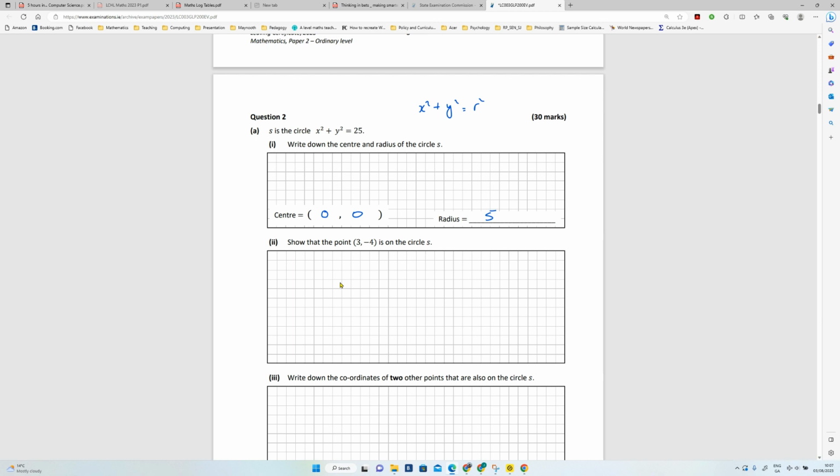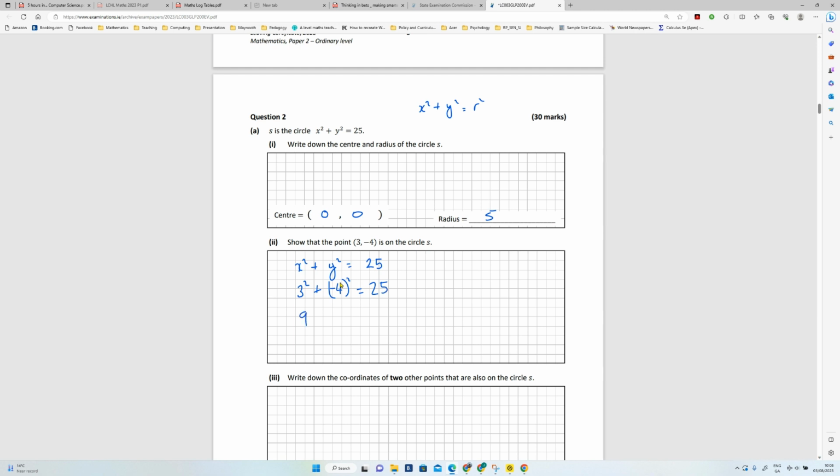Show that the point (3, minus 4) is on the circle. Okay, so you just put the point in. x squared plus y squared is equal to 25. So that's 3 squared plus minus 4 squared is equal to 25.